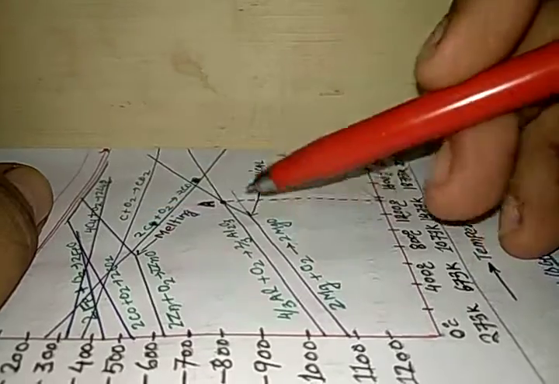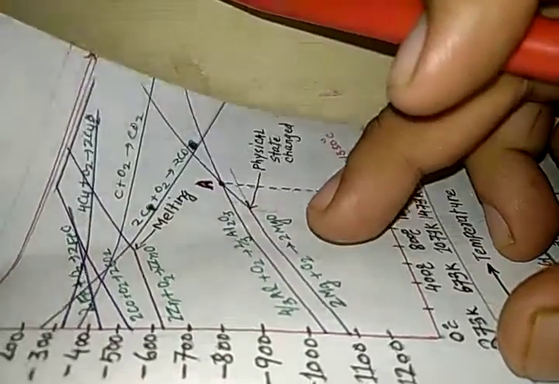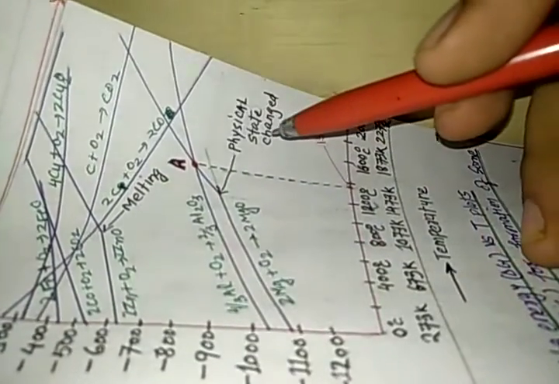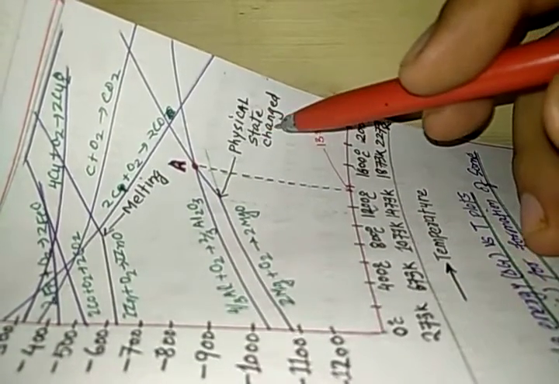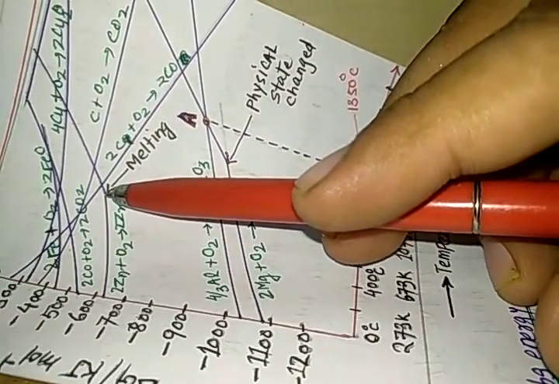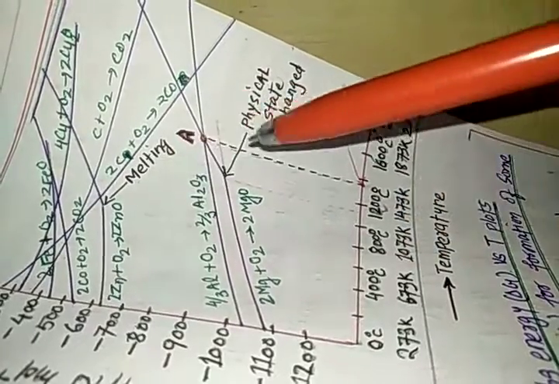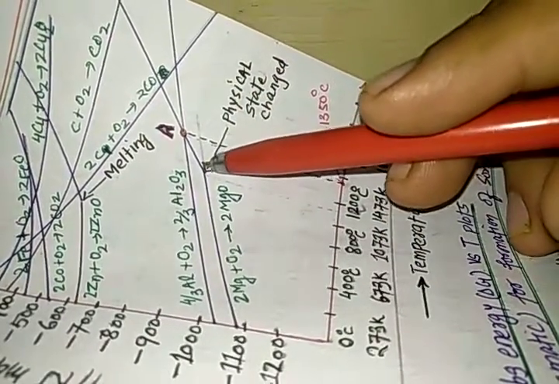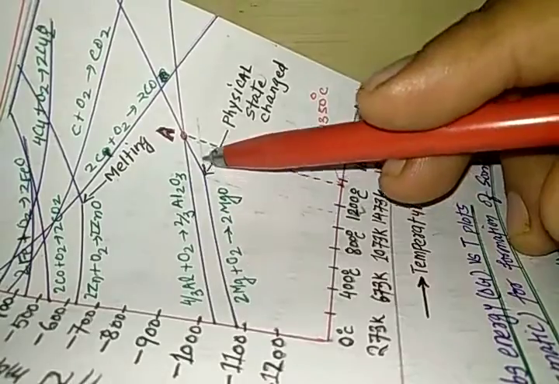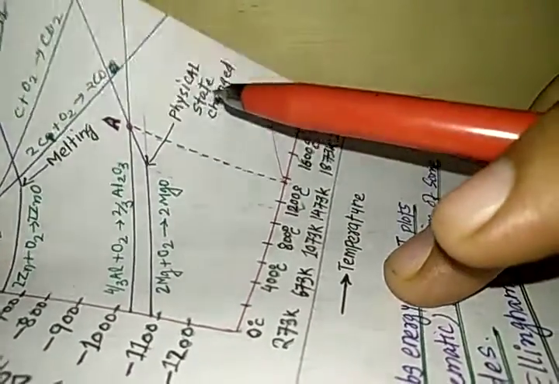So when there is a sudden or abrupt change in the graph direction, it shows a physical state change. For example, in the case of zinc oxide, at this particular temperature zinc oxide melts and turns into the liquid state. In the same way here, magnesium oxide turns into the liquid state.